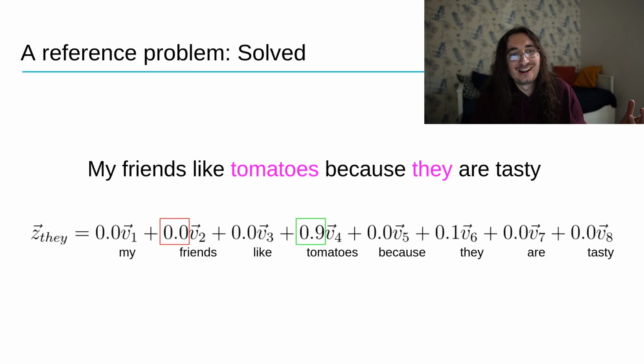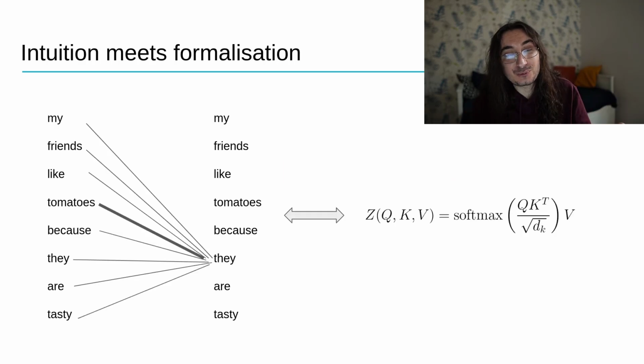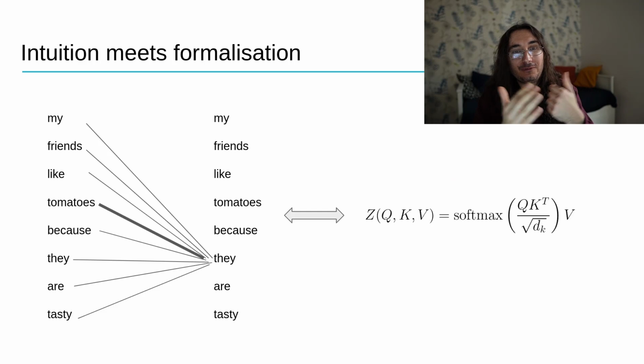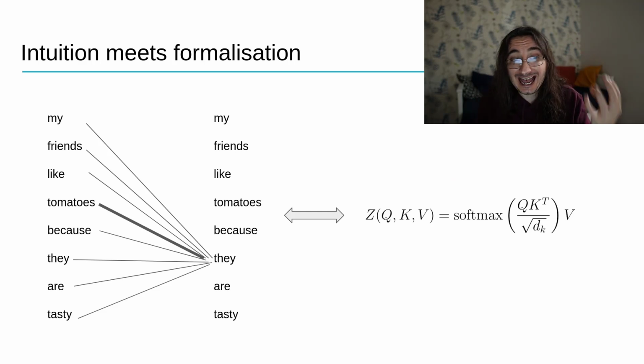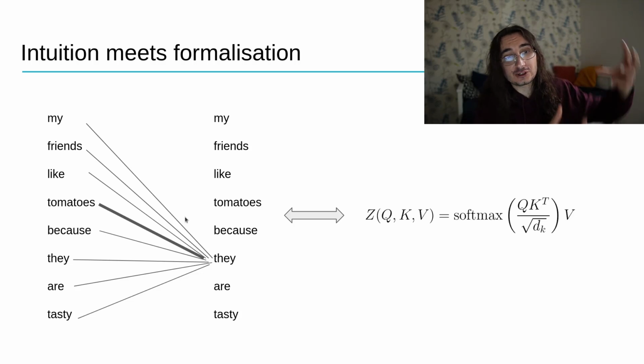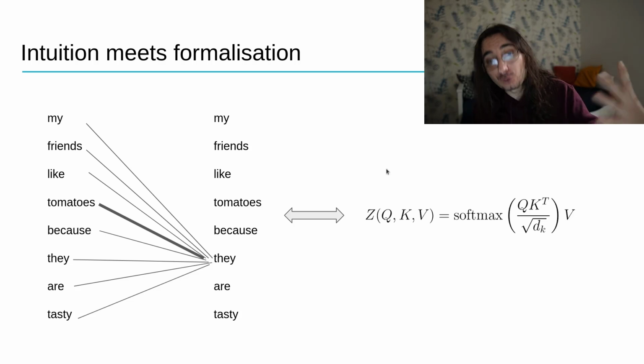It is. Now, one final angle I want to show you this from, and at this point we can say that we found a way of reconciling the visual intuition that we had of the self-attention mechanism with its formalization.